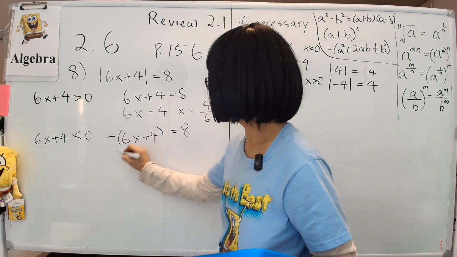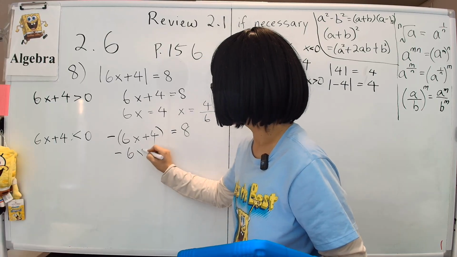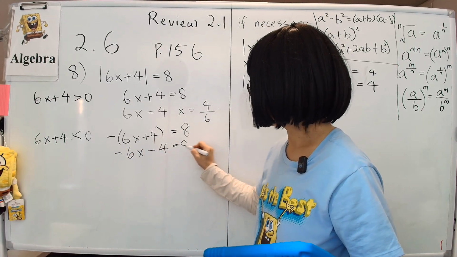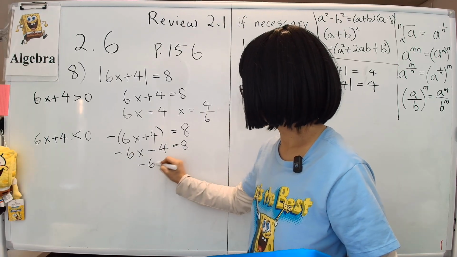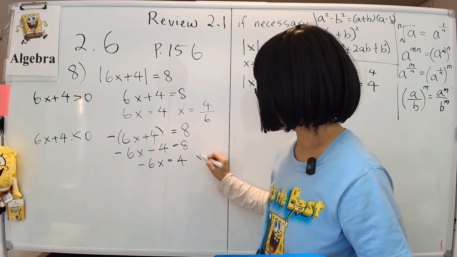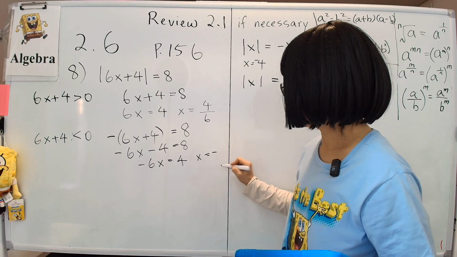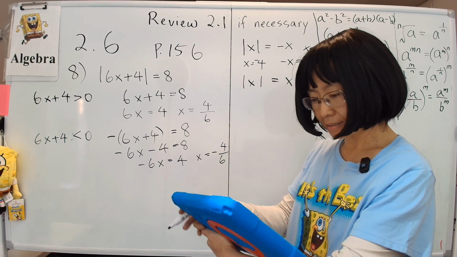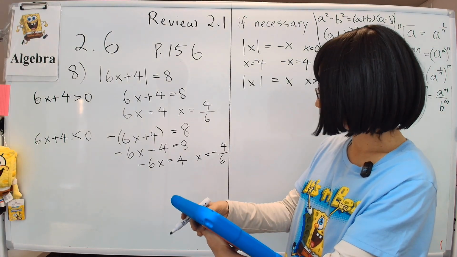Then we solve this equation the same way. So we have minus 6x, and the minus sign goes all the way through, minus 4 equals 8. Then we have minus 6x equals 4, so x will become negative 4/6, or 3/2. That should be the second solution. Did I get this wrong?